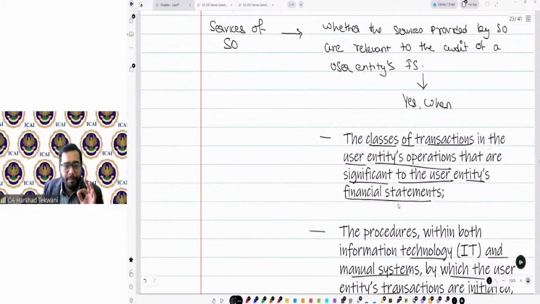If these procedures are within the user entity's information system and manual systems, and that information is being used over there, then yes, it is an important one.